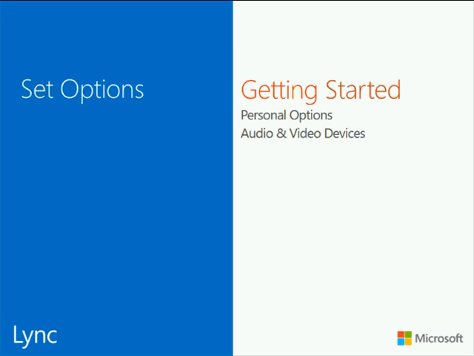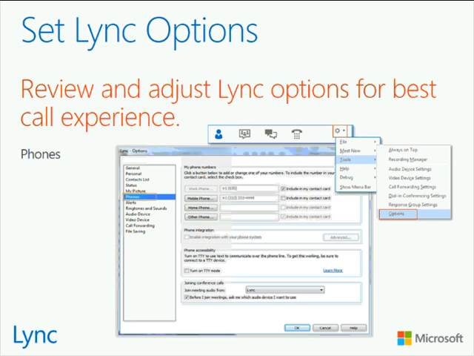Setting Lync options is done in the Lync main window in the client through the toolbar. So you can go in through the little gear wheel, click on that drop down into Tools and Options, and here we have lots of different tabs. We're going to focus in on the audio tabs, the first one being phones.